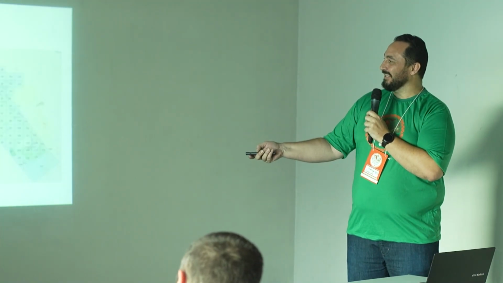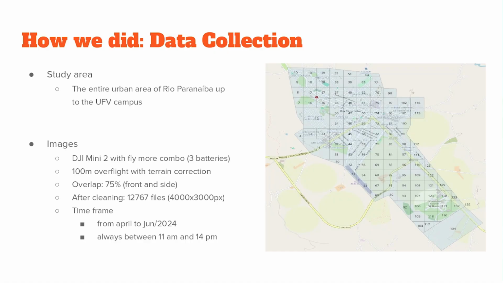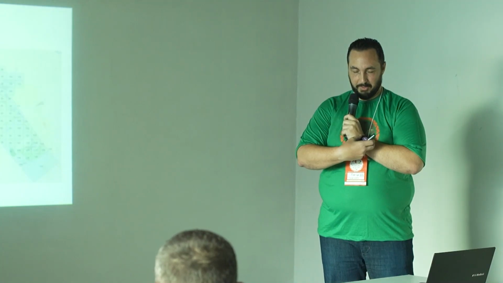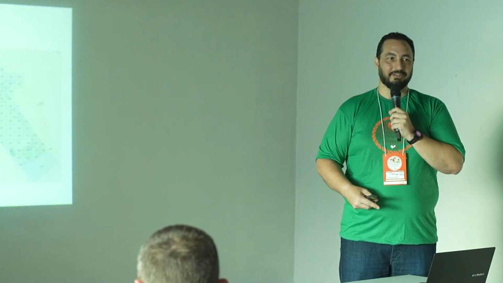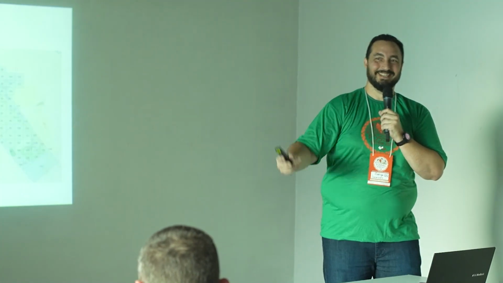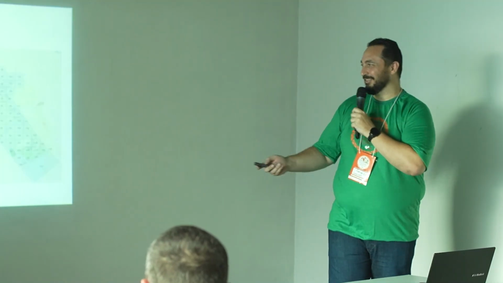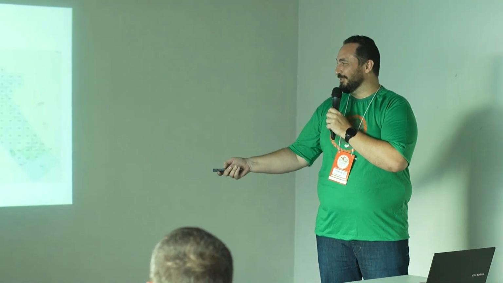Well, our time frame for the images was from April to June this year. Why this time period? It was when my educational institution was on strike, and I could use the drone when it was not used by the institution.